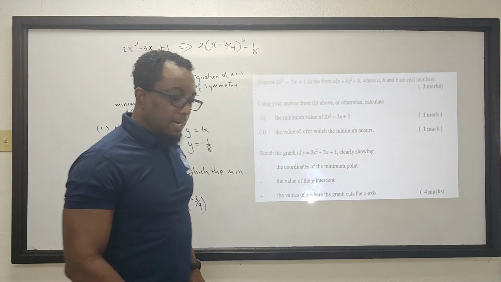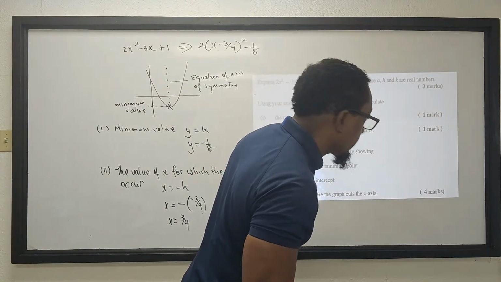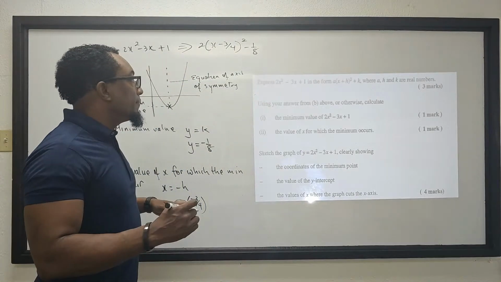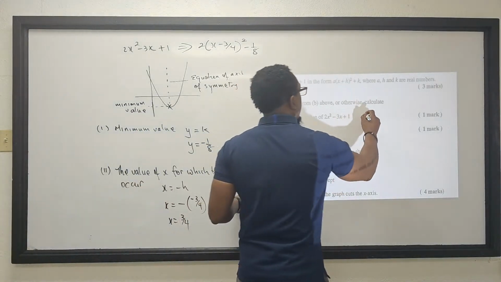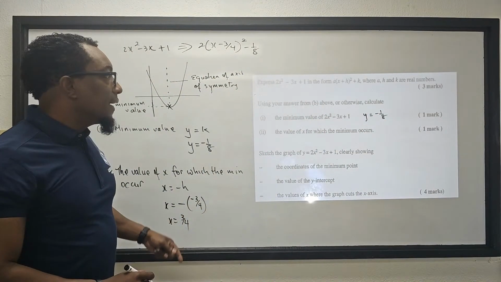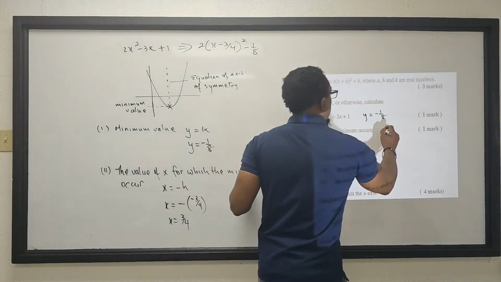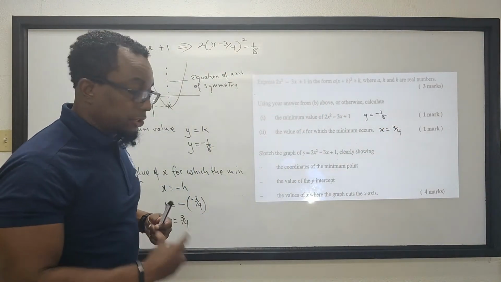Let me create some space. Let me ensure that I have y is equal to minus 1/8 stated here, and x is equal to 3/4 stated here, because we're going to use that to help us to sketch.